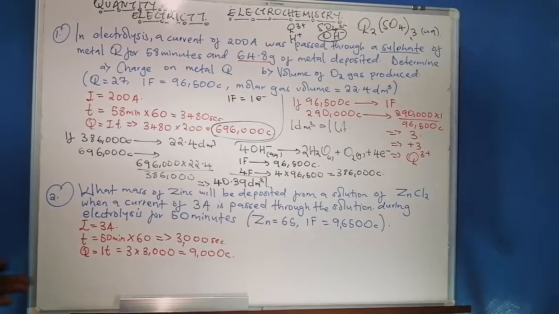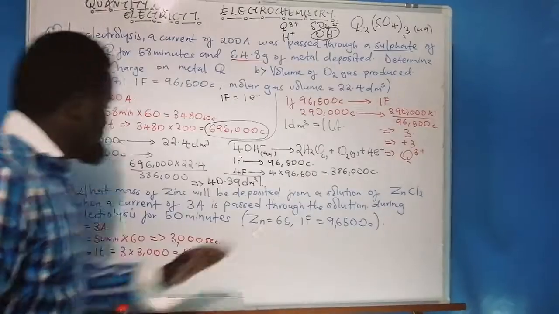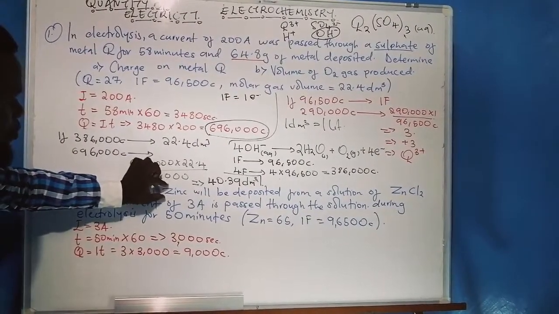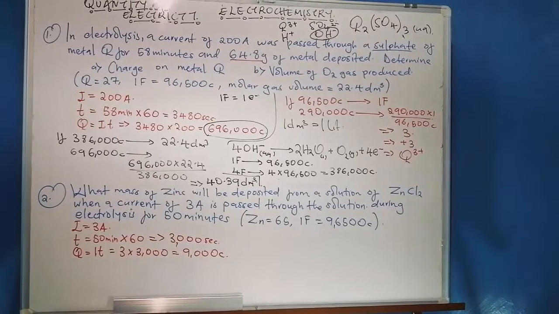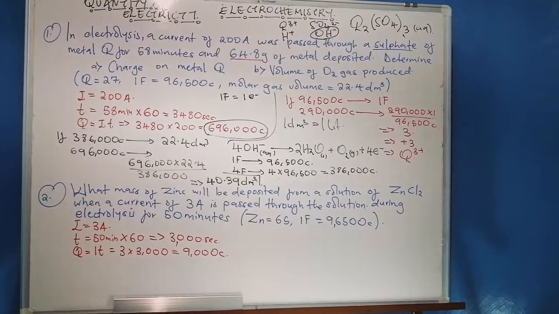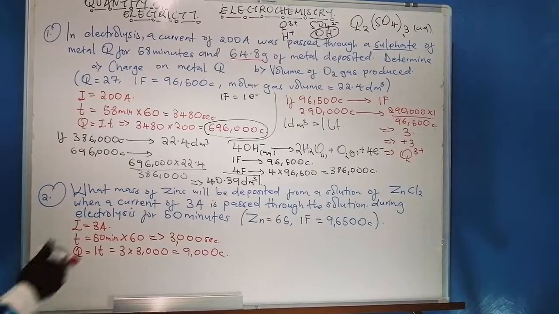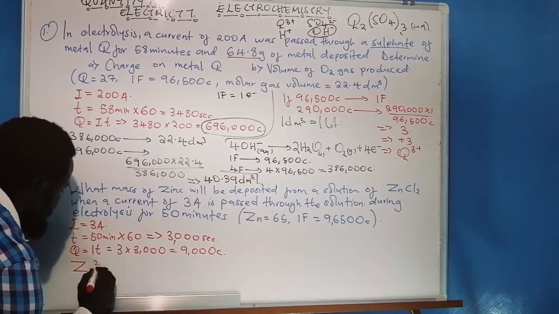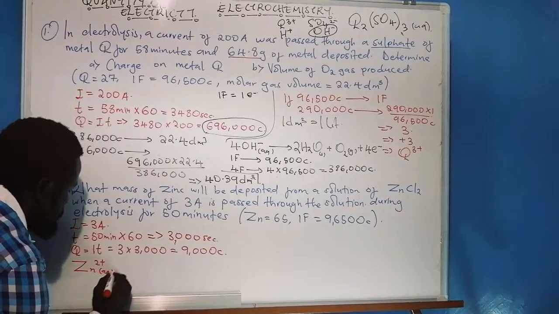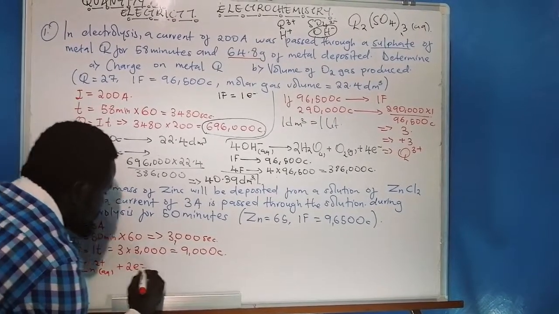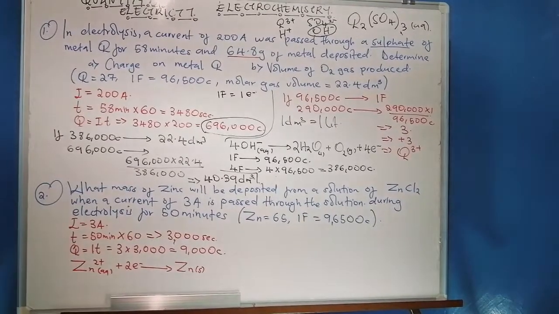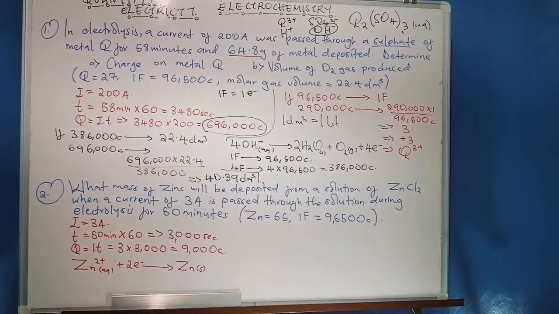Secondly, when zinc chloride has been electrolyzed, zinc metal will be deposited. So I must write the equation for the reaction. And this is how I'll write the equation for the reaction. Zinc ion will undergo what is called reduction to form zinc metal. So zinc metal will be deposited.